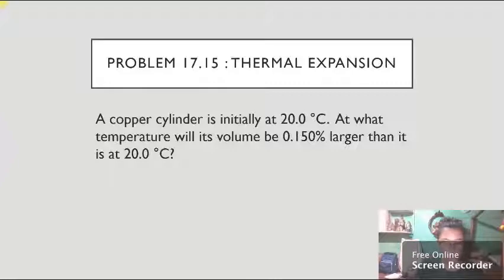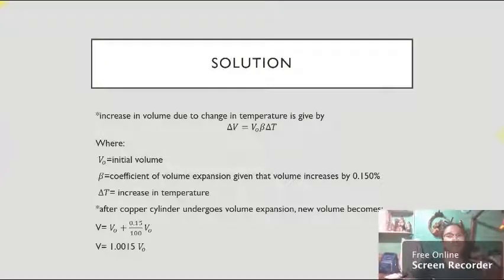The increase in volume due to the change in temperature is simply given by this equation, delta V equals V sub 0 beta delta T, where V sub 0 is the initial volume, beta is the coefficient of volume expansion, given that the volume increases by 0.15%, while delta T is the increase in temperature.